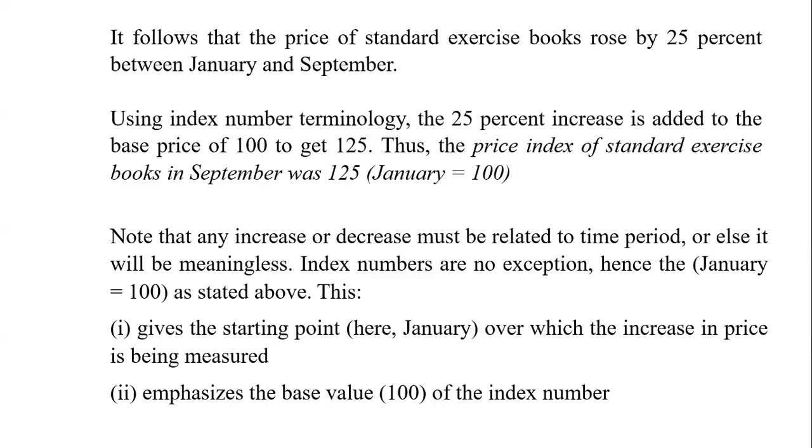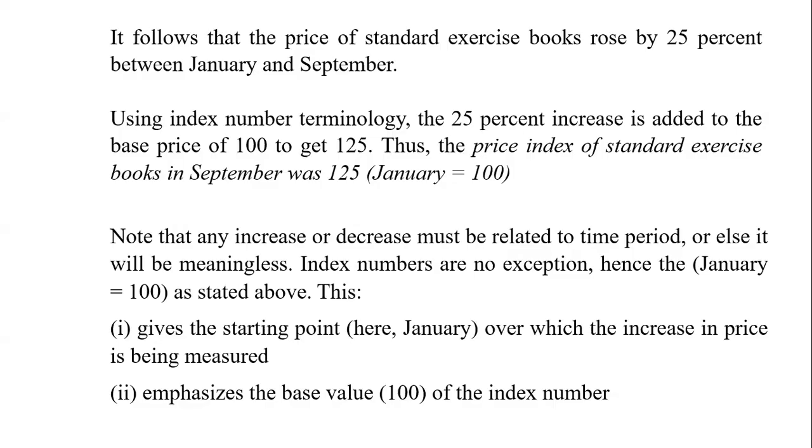But if you want to talk in terms of index or indices, then you add the 25% to the base percentage, which is 100. So instead of saying there is a change of 25%, you say the new price is 125%. You add the 25% to the base percentage of 100%, so 100% plus 25% gives you 125%. That is what we mean by that.